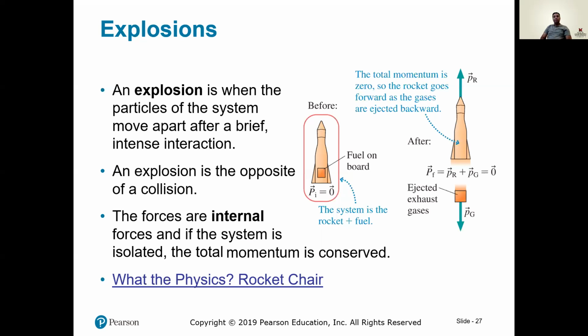A perfect example of that is explosions, or launching, or propulsion of a rocket, right? So you have a rocket. This is a closed system because it has the rocket mass and the fuel on board. The fuel will basically explode and will generate a force or change in momentum in this direction.